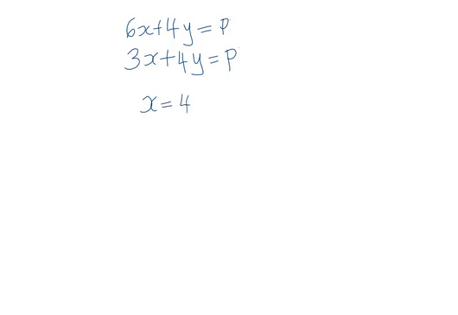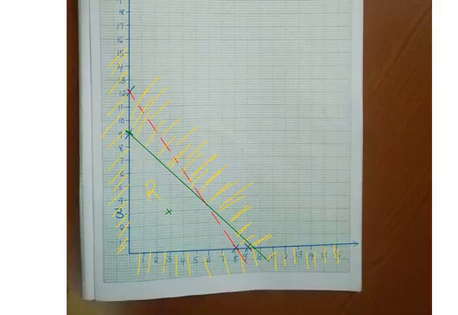You interchange the coefficients. And when x is equal to 0, y should be equal to 3. You also interchange the coefficients. Now, you go and plot these 2 points, and then you join the points to make a line, which is the objective function.